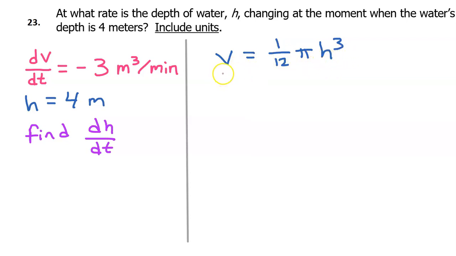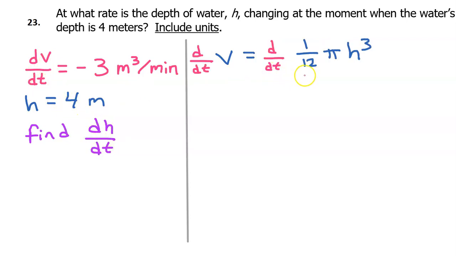Let's go ahead and take the derivative of both sides with respect to t so that we can make dV/dt and dh/dt appear. When you're finding the derivative and there is a constant in the front, you can just leave the constant alone and go ahead and find the derivative of whatever comes next. So really, this is what we're doing.